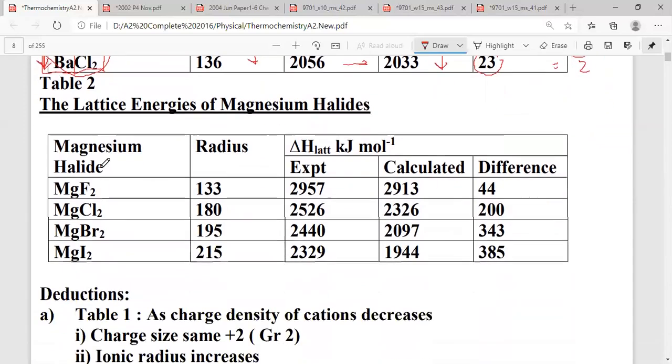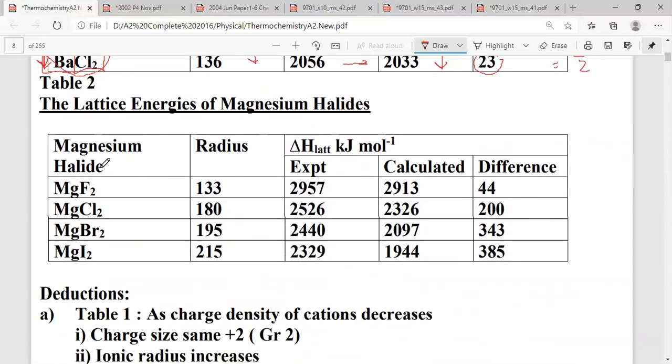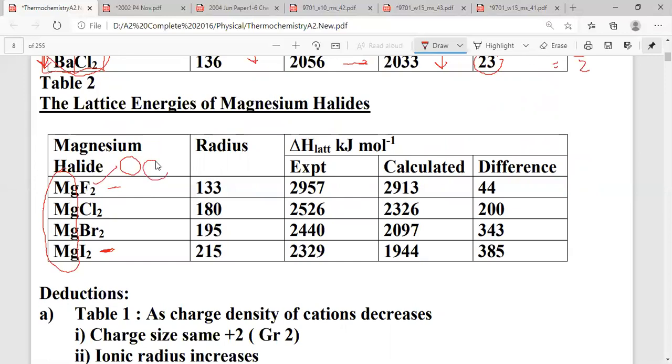Now here, the second table tells you that they are all magnesium. So the charge density of your magnesium 2 plus here makes no difference. But here you can see again the calculated value and the experimental value. Here is the biggest difference. Here is the smallest difference, which means this fellow here is the most ionic. That means the most spherical.